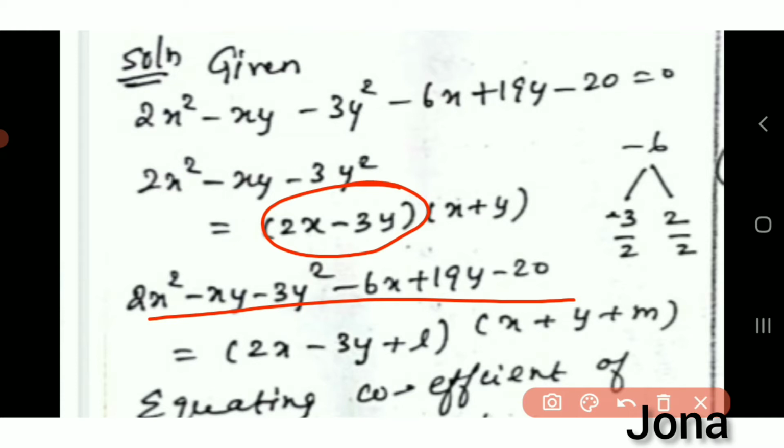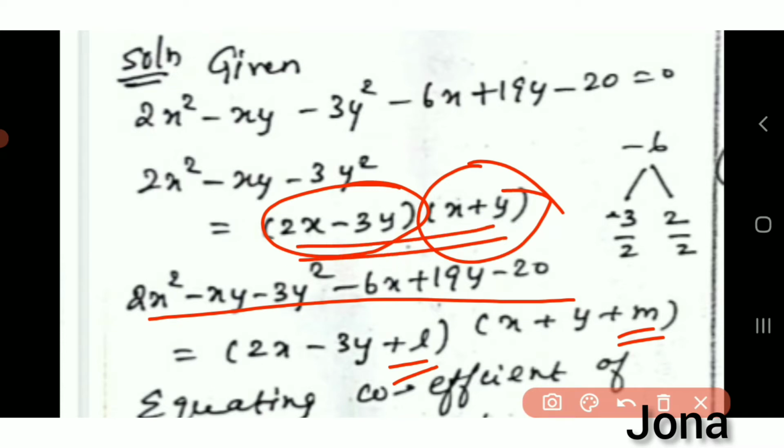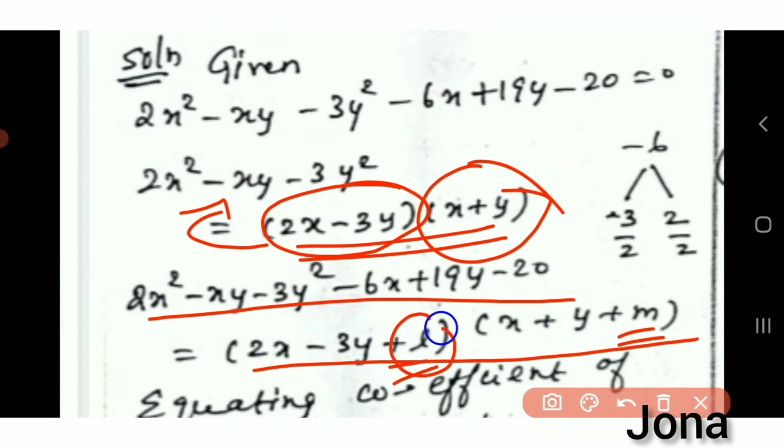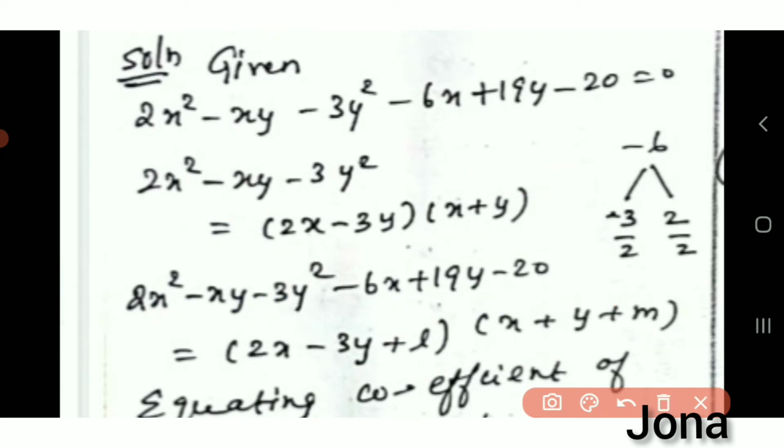For the first factor I add L, and for the second factor I add M. These two factors are the factors of the first three terms, and along with them we add L and M. So these are the factors of the whole equation, and then I want to find the values of the constants L and M that we added.